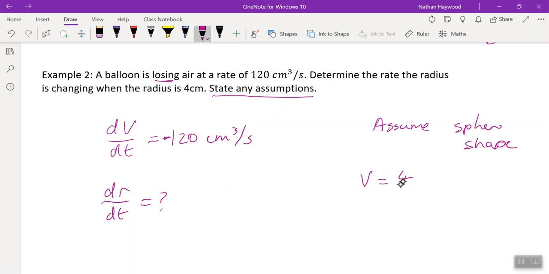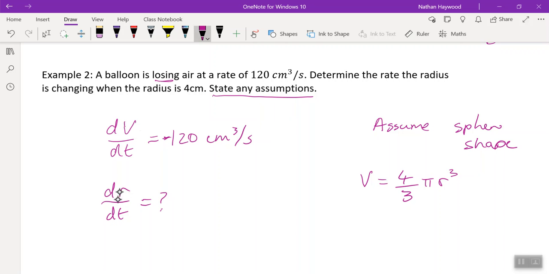The volume of a sphere is 4 over 3 pi r cubed. So we have dv dt, we have dr dt, we have a volume in terms of r. Considering what I talked about before, what do you think is the next step?